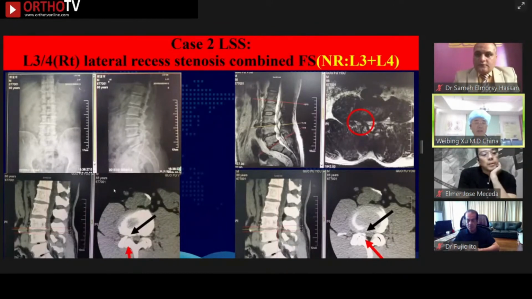Second case is right leg pain. Right lateral recess stenosis combined with foraminal stenosis, compressing L3 and L4, 2 nerve roots.